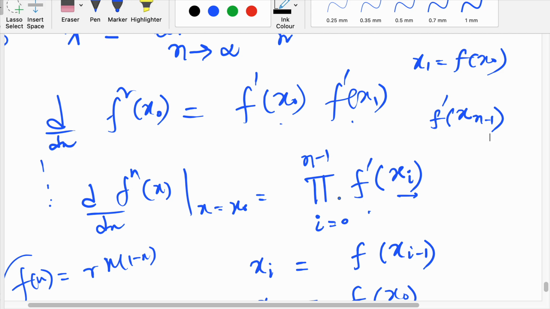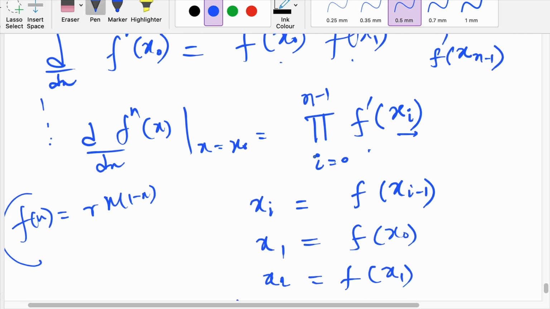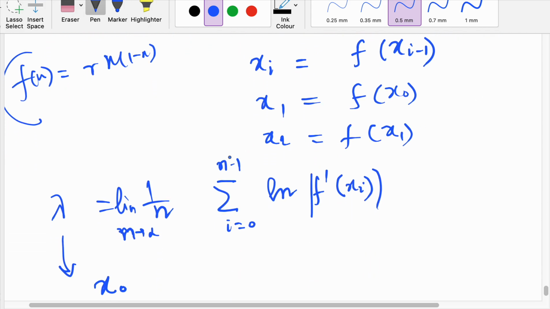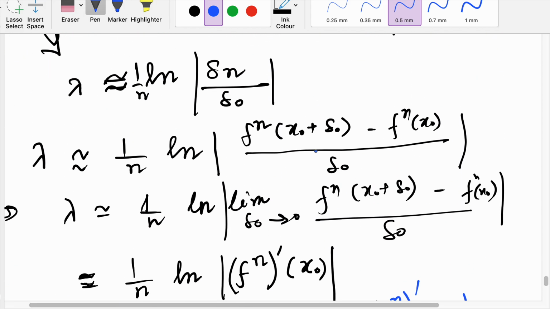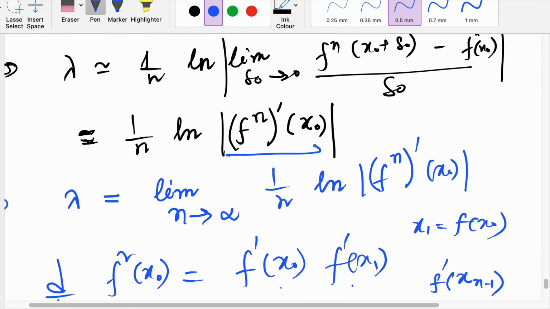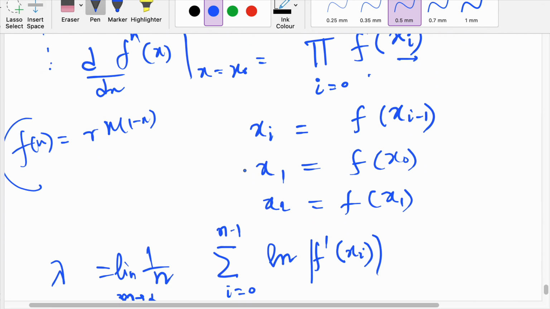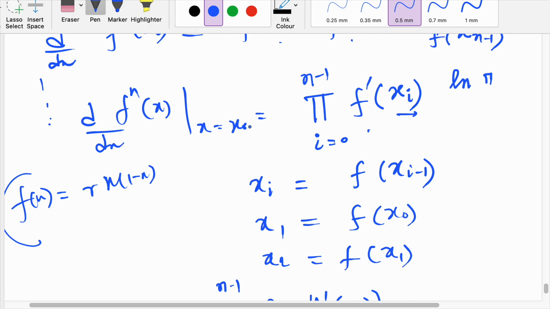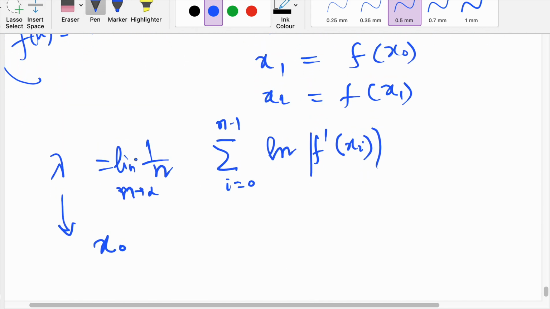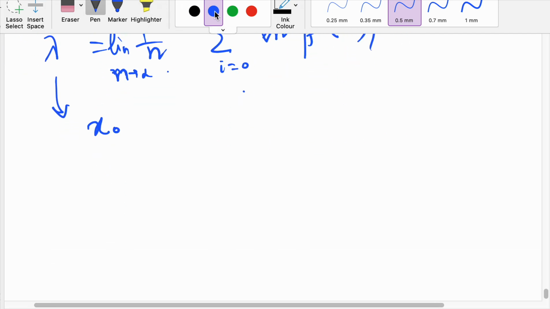And we know the rule that the logarithm of any multiplication becomes a summation. So the logarithm of this f n prime at x0, which can be written as this multiplication series, becomes a summation.